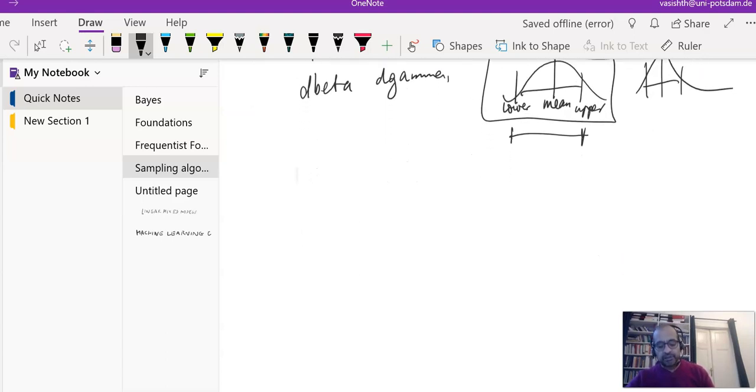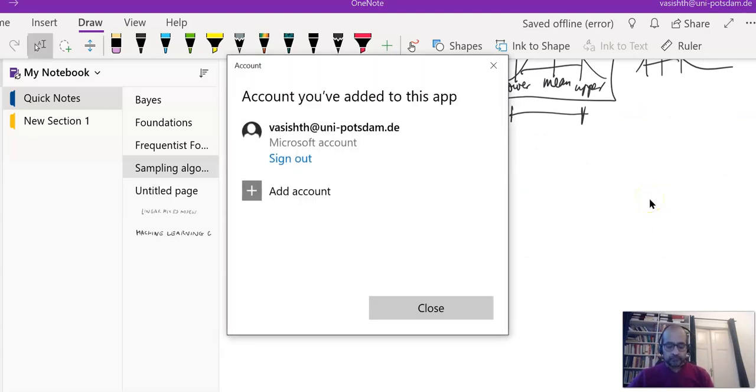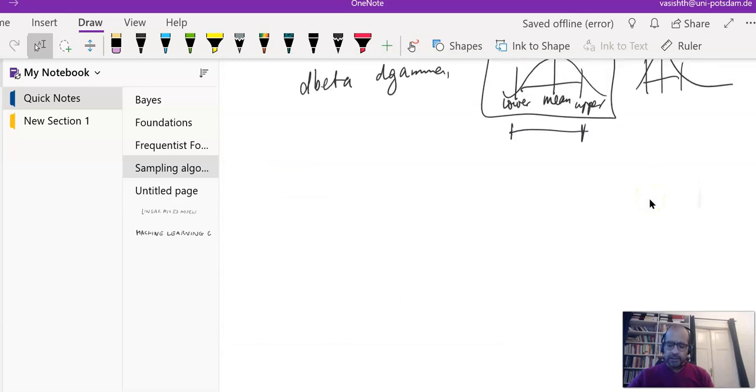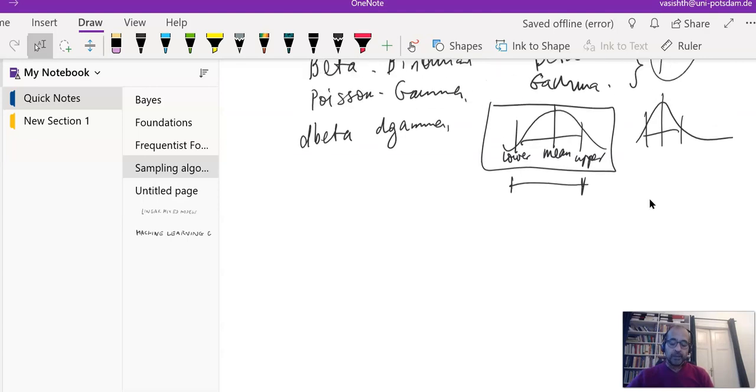Now, this is all very well and good in these analytical cases, but in real life situations, we will encounter much more complex situations where we can have as many as 40 or 50 parameters. We're not talking about one parameter anymore, right? In that case, it becomes extremely difficult to figure out what the analytical form of the posterior distribution is.